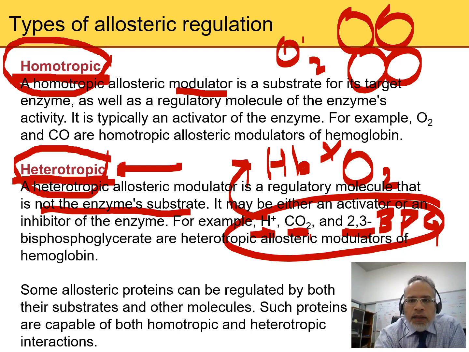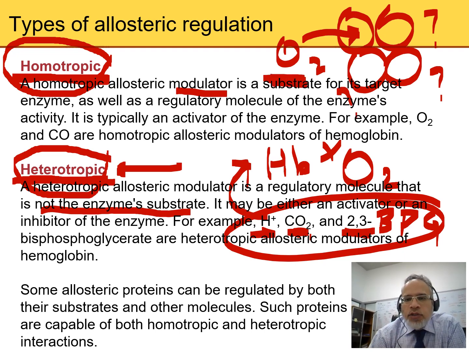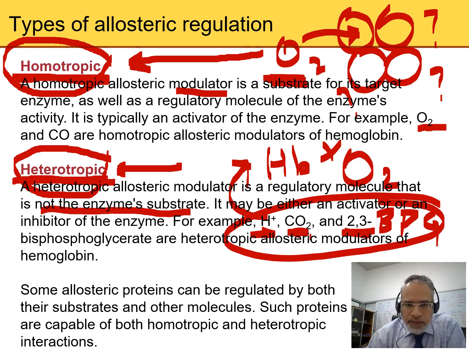We know the binding of one oxygen molecule to one subunit has an effect on the other subunits. So in this case, oxygen is both a regulator as well as a substrate. So oxygen is considered a homotropic regulator because it is a substrate for the target enzyme, right?